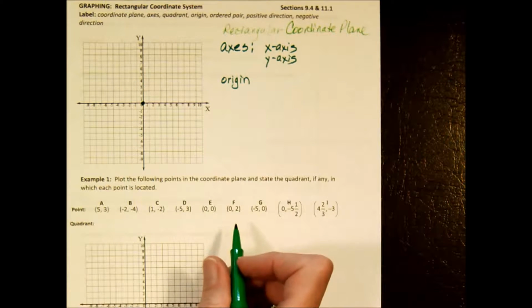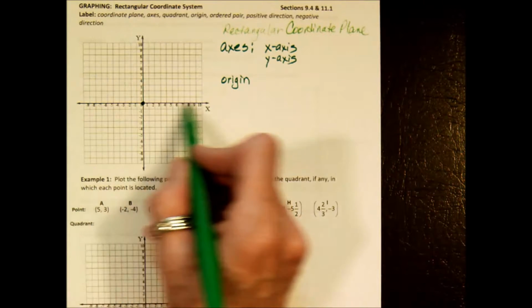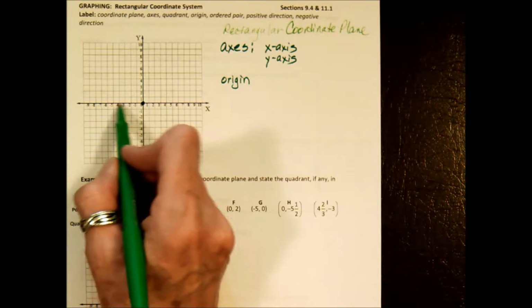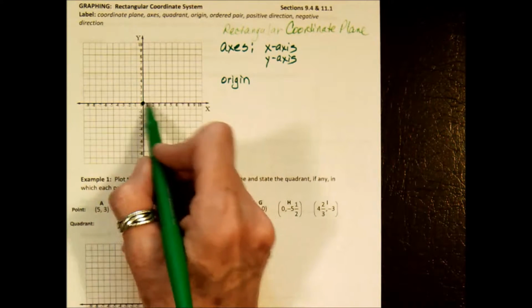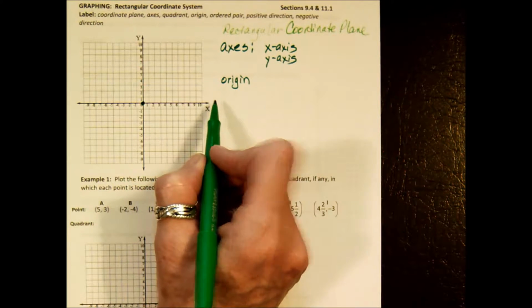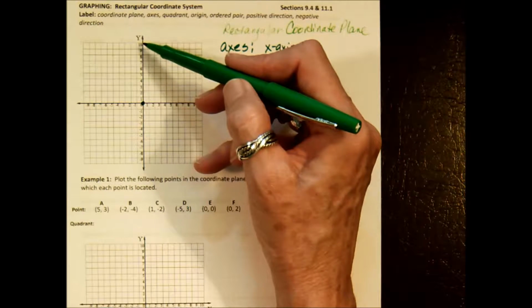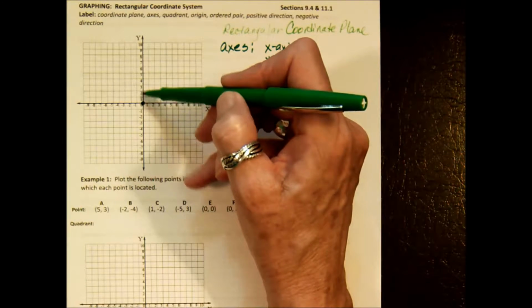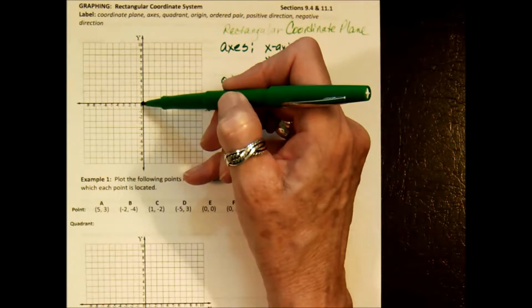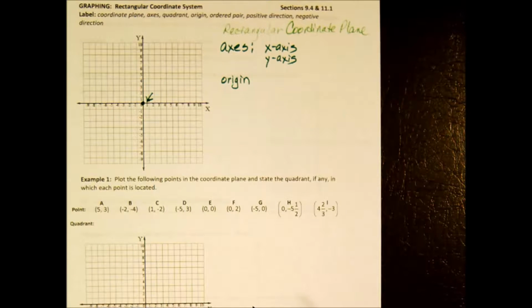You can think of the x-axis as a number line with negative numbers up to 0 and then positive numbers to the right, and the y-axis is like a thermometer, with 0 and then positive temperatures, and negative temperatures. Again, where they intersect right there, that is called the origin.